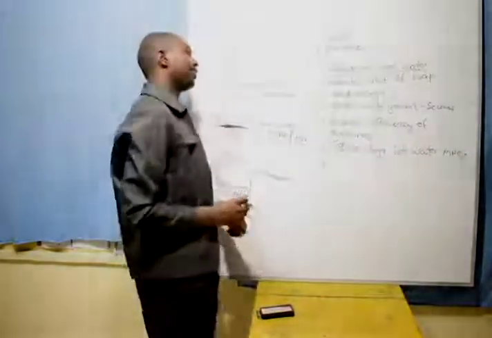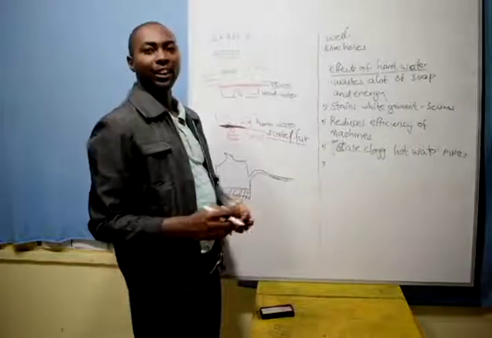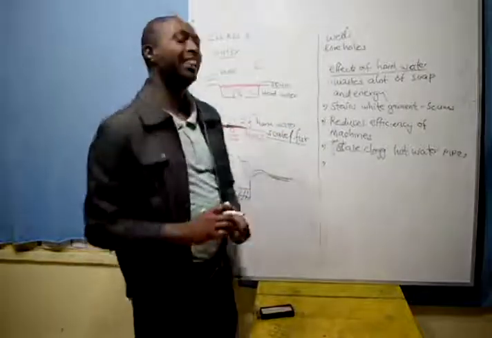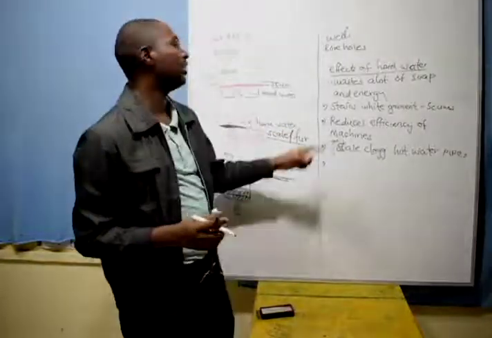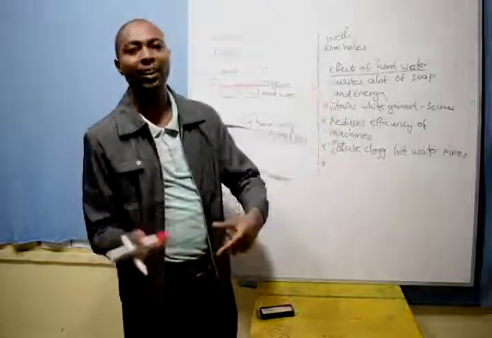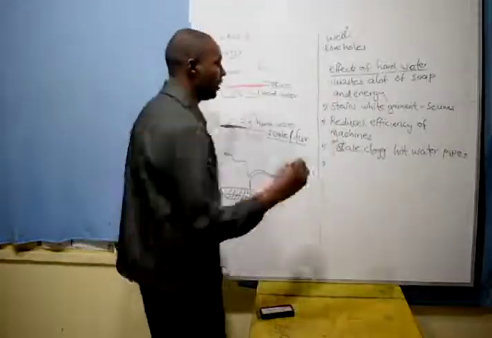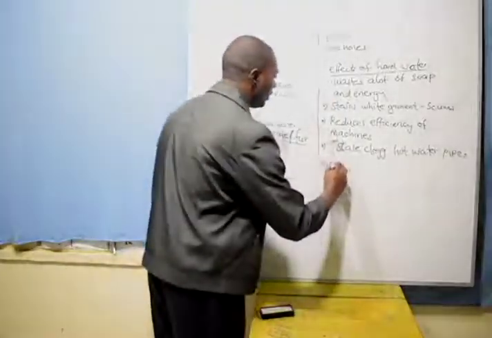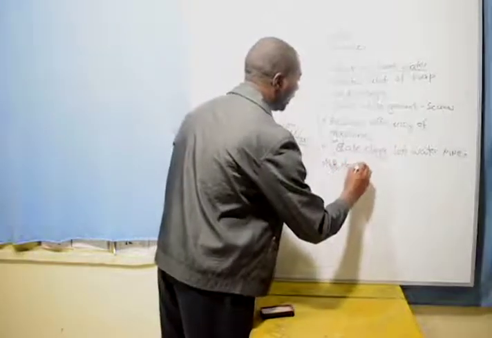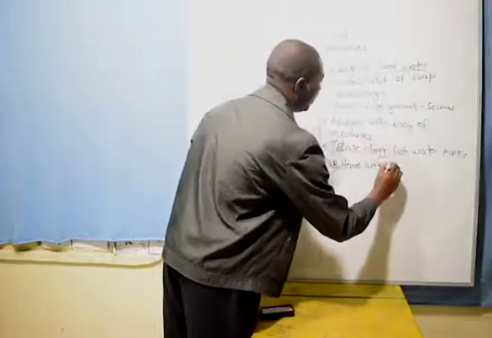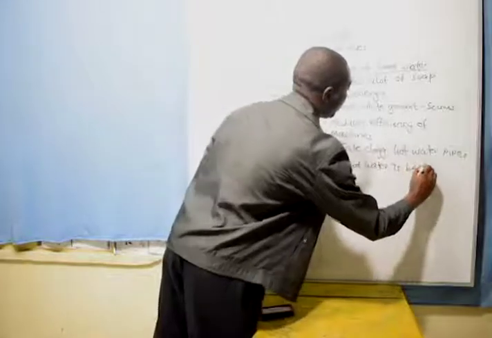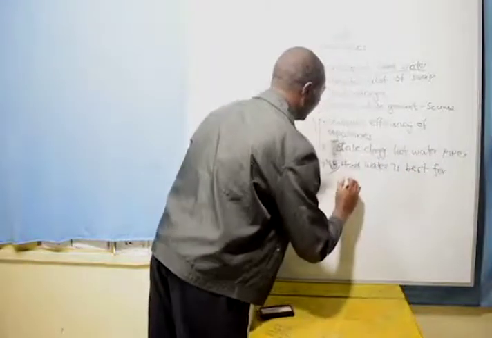But remember, as much as we say hard water has several disadvantages, it has one main advantage. It is the best for drinking because these minerals, some of them are calcium, magnesium, and they form our bones. So NB, hard water is best for drinking.